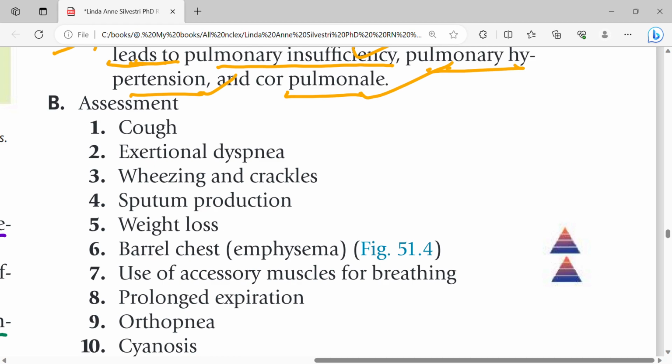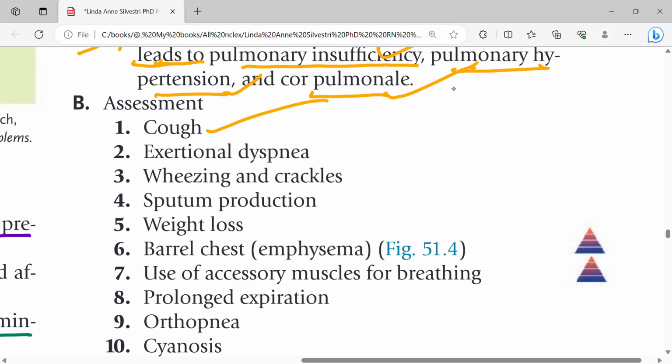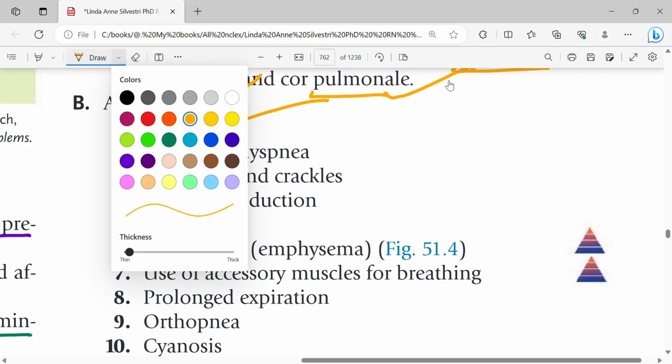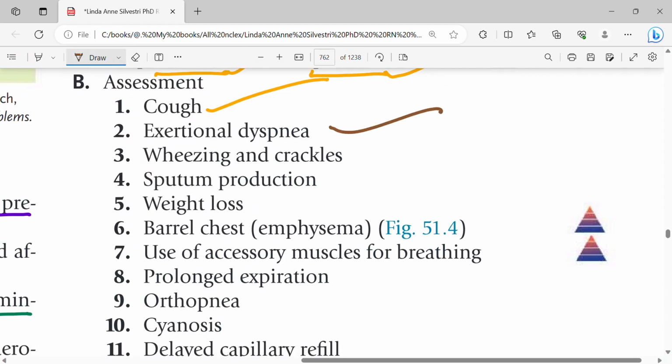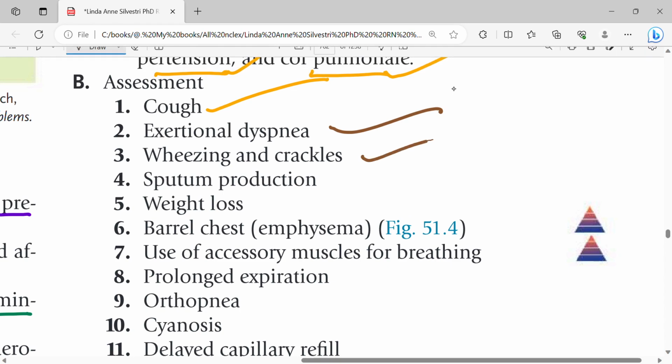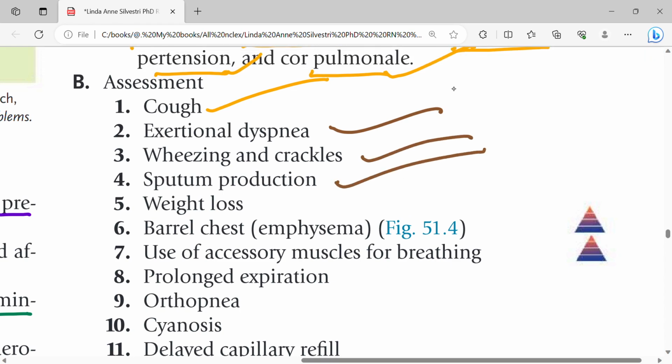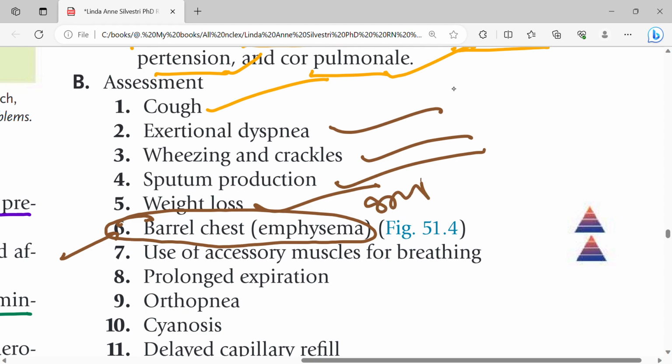Okay, then assessment. What will we assess? Any cough, or exertional dyspnea can be there. So we'll check for exertional dyspnea, wheezing or crackle sounds, sputum production, weight loss, barrel chest. This is the main characteristic feature of emphysema.